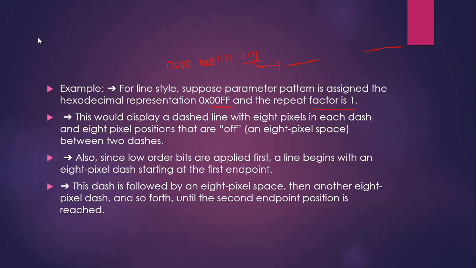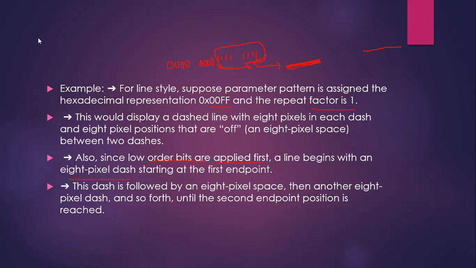Since the low order bits are applied first, the line begins with an 8 pixel dash starting at the first point. So what values will be displayed initially? All the ones are displayed, which represents a solid line.